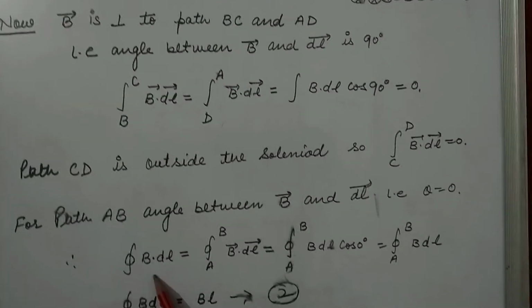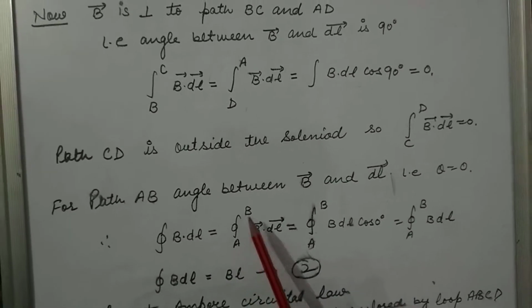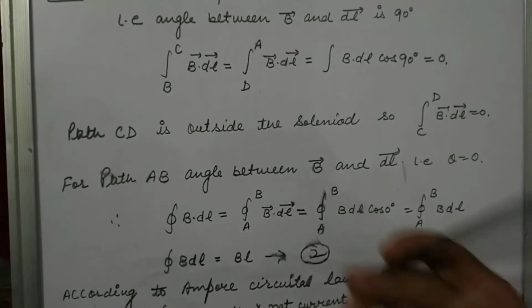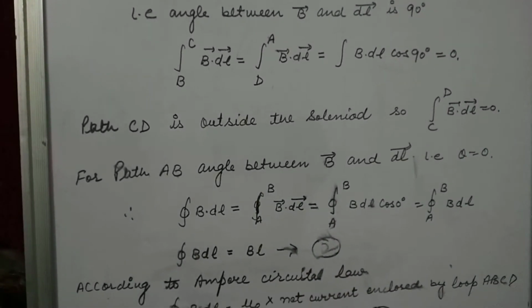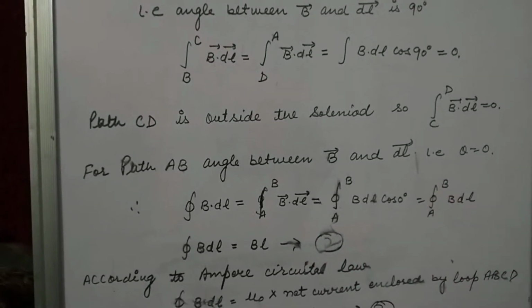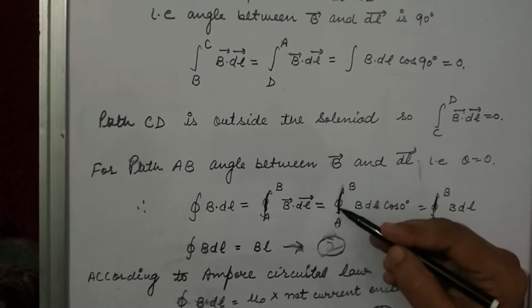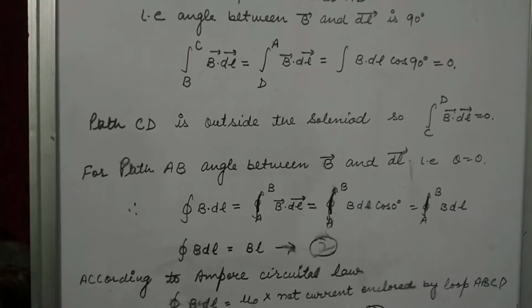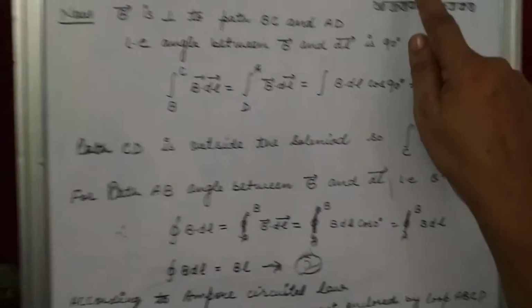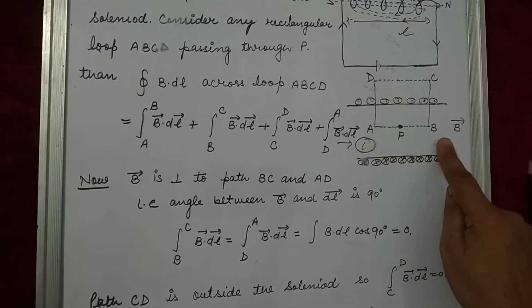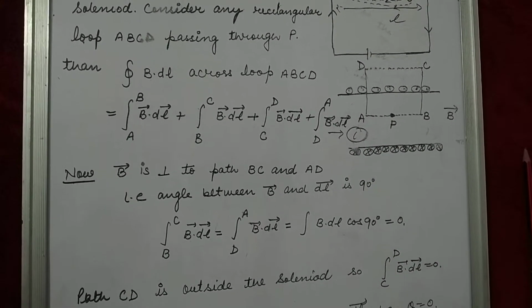Therefore, the integral from A to B of B dot dl is B dl cos 0 degrees, since the angle between side AB and the magnetic field is 0 degrees.